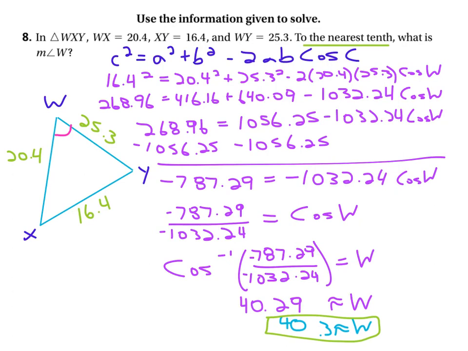So the c value is going to be opposite the angle that you're looking for. Okay, so that number squared equals this number squared plus this number squared minus 2 times this times this times cosine of this. That's what all of that says.